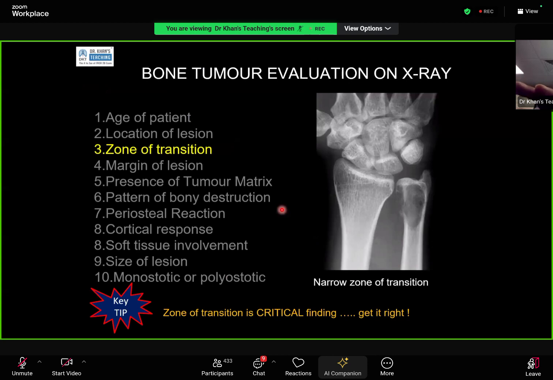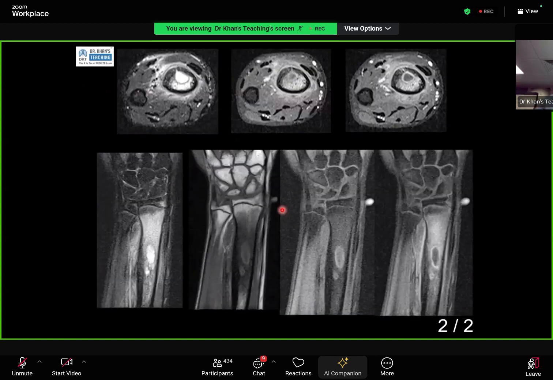So this is the case which we did see when I was showing you MR of MSK. And here, this is a T1 weighted sequence. This is a STIR sequence. This is a T1 fat saturation sequence. Here also Brodie's abscess.